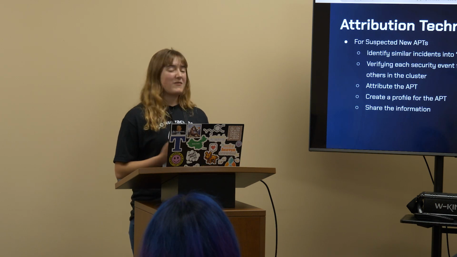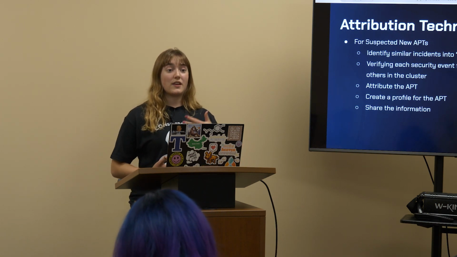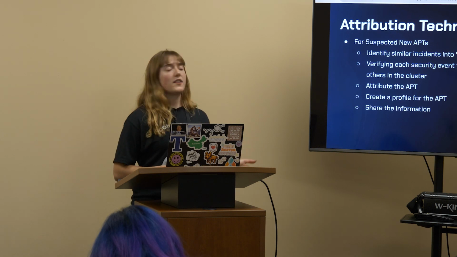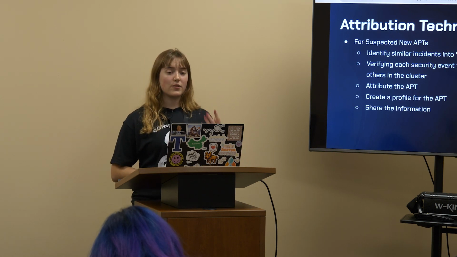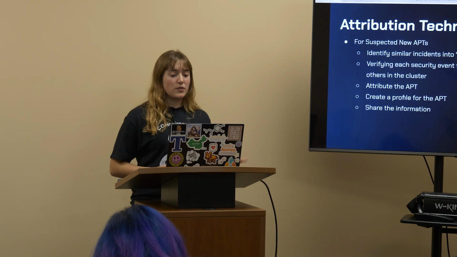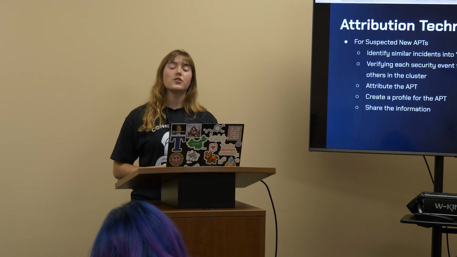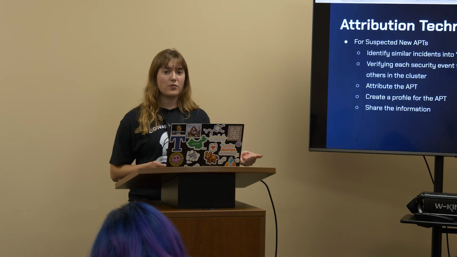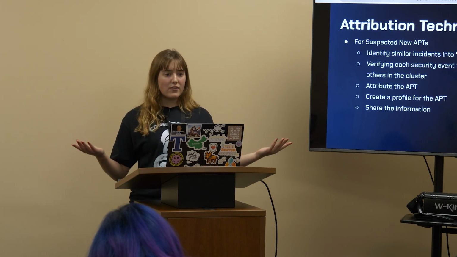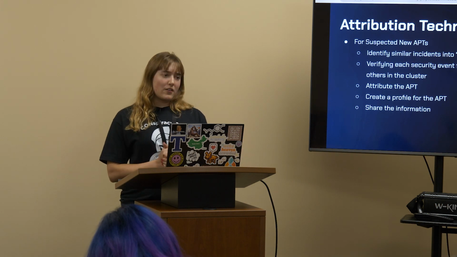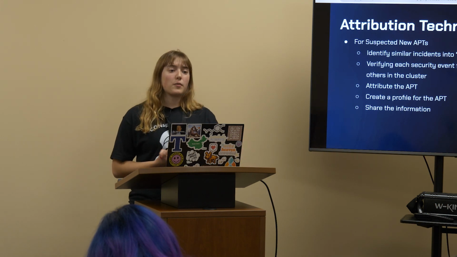However, it's not always the case because there are constantly more and more APTs. So for suspected new APTs, you're going to identify any potential evidence using the aforementioned means, using your TTP analysis. You gather this information, try to compare it to something you've seen before, and realize, hey, we haven't seen this before, so I'm coming up blank. So CTI analysts will keep this information in their back pocket.